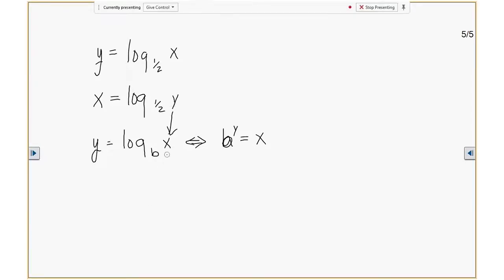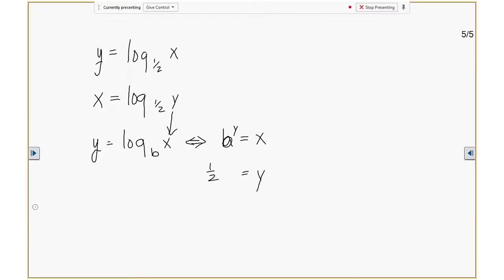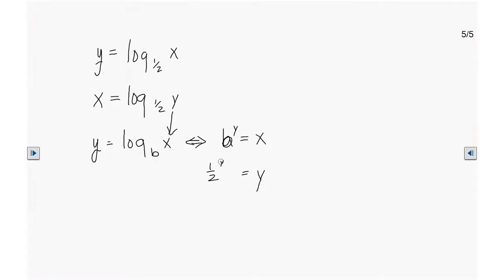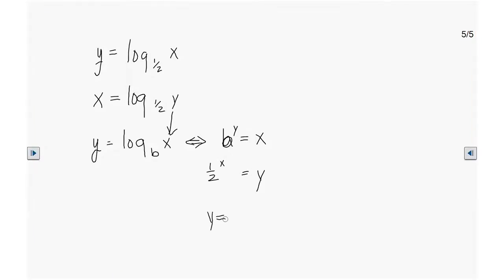So x is equal to b to the y, and b is 1/2. So 1/2 to the x is equal to y, or y is equal to 1/2 to the x power.